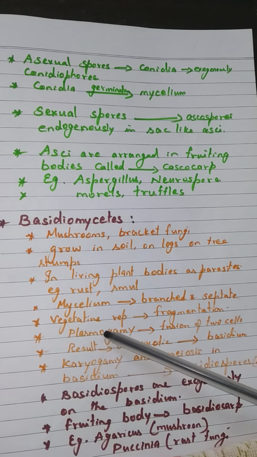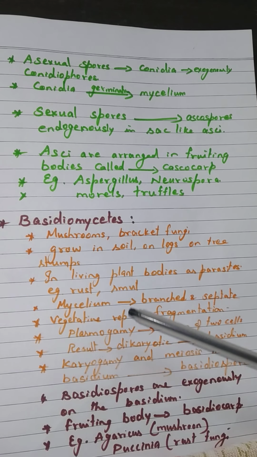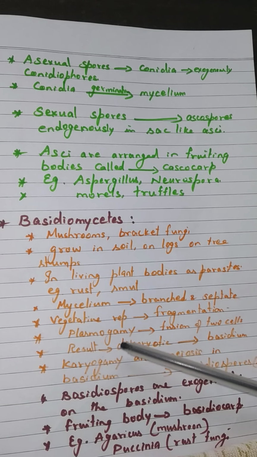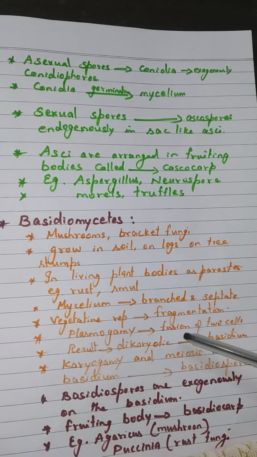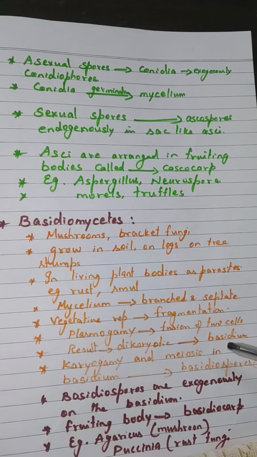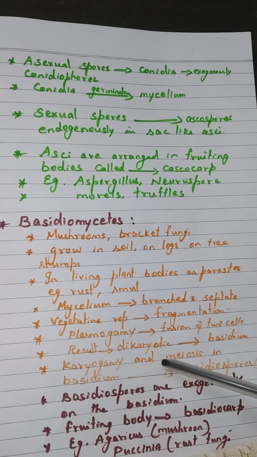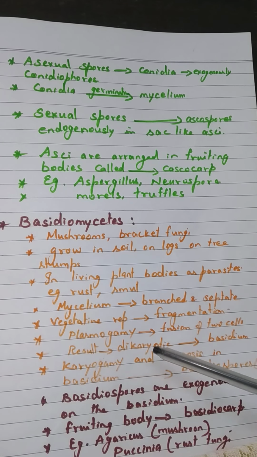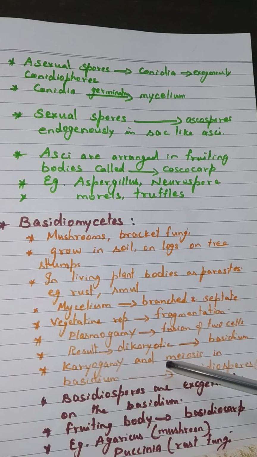In sexual reproduction, the sex organs are absent, but plasmogamy is brought about by the fusion of two vegetative or somatic cells of different strains or genotypes. The resultant structure is dikaryon. Two nuclei will be there, but only after some time they will fuse together and form a zygote-like structure.